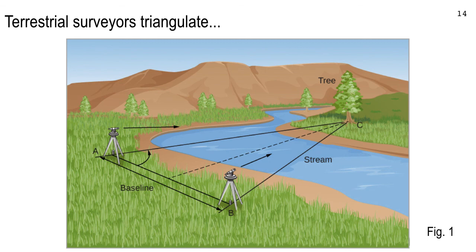Or some distant landmark. Surveyors don't measure trees, but they do measure parcels of land, and they have to do it carefully. What they do now is use lasers, so they don't really have to triangulate. But in the days of Abe Lincoln, and not too long ago, maybe 20 or 30 years ago, they were doing a lot of triangulation.